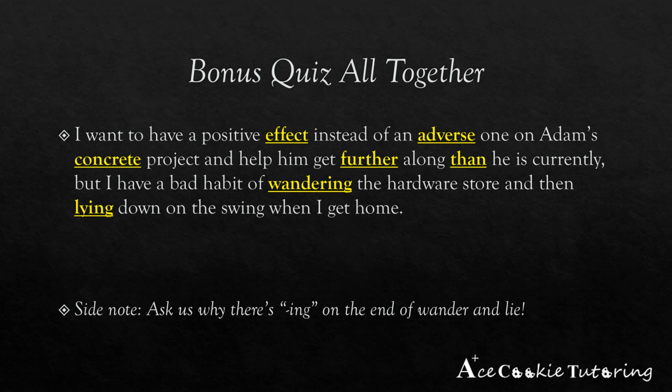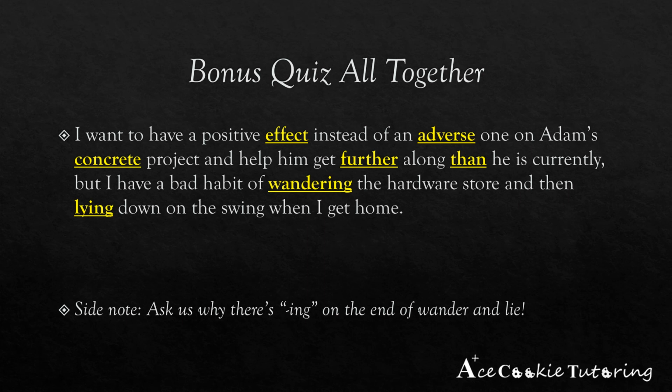So effect, we use that instead of affect because we're not performing any actions, so we don't need a verb. Adverse, because of the fact that we don't have an aversion. That's an easy way to check. Okay, so adverse, we don't want to have a negative reaction or cause something negative to Adam.